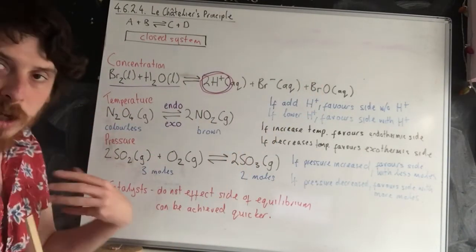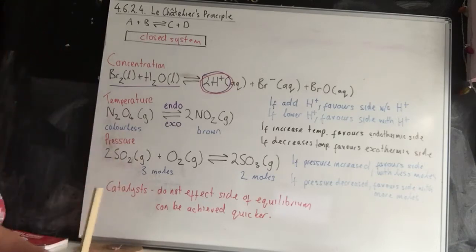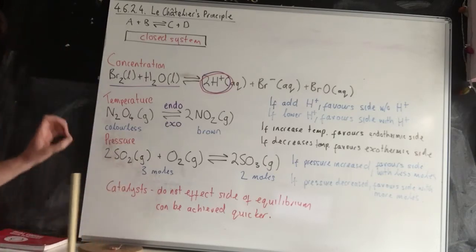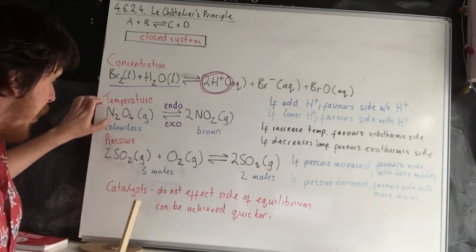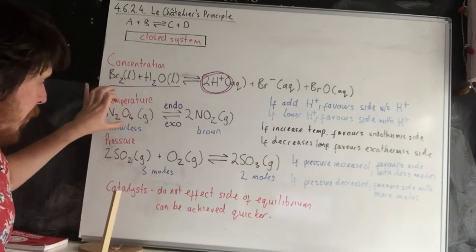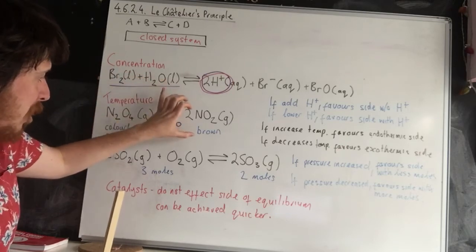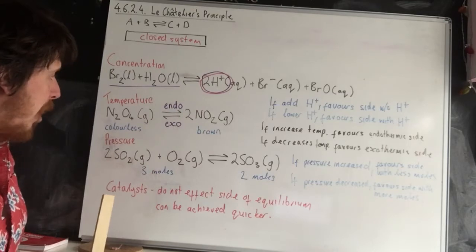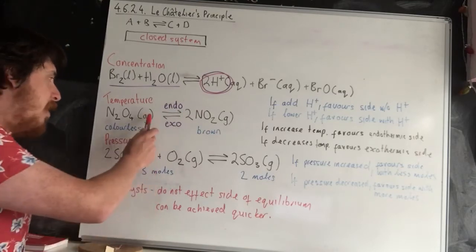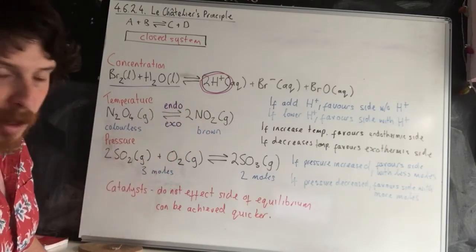Okay, let's have a look at a different example. Instead of concentration, now let's have a look at temperature. If we've got dinitrogen tetroxide as a gas in a closed system, it will turn into a brown gas, which is nitrogen dioxide. In the forward direction, that's endothermic.